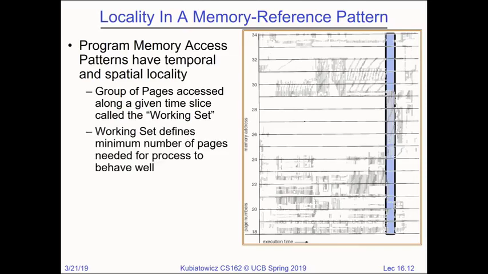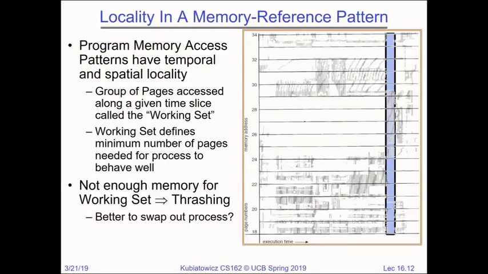So the working set defines the minimum number of pages you need for the process to behave well. Not enough memory for the sum of all the working sets gives you thrashing. And at that point, it's probably better to swap out. Swapping out a process means put all of its pages on disk and then schedule it later, as a way of freeing up the other processes to make some progress. How do you make that decision? Probably priority or something.